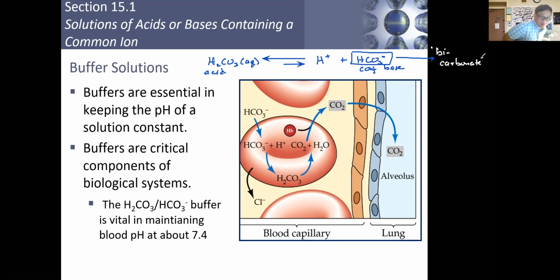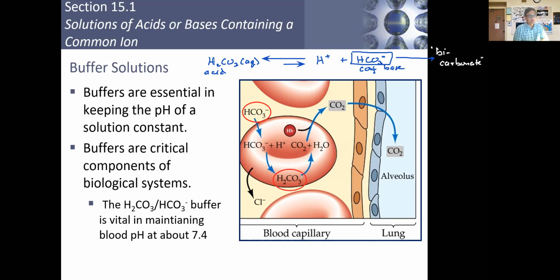But our body doesn't take advantage of only the carbonic acid. Our body takes advantage of a mixture of sodium bicarbonate and carbonic acid together. There we have the bicarbonate ion, and there we have the carbonic acid. So the body has both of these.